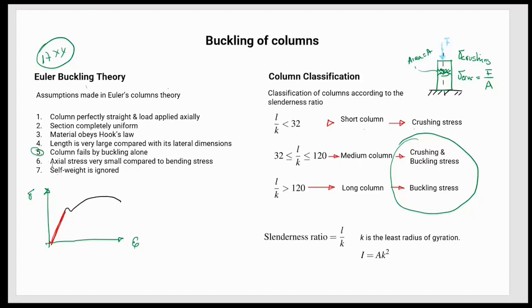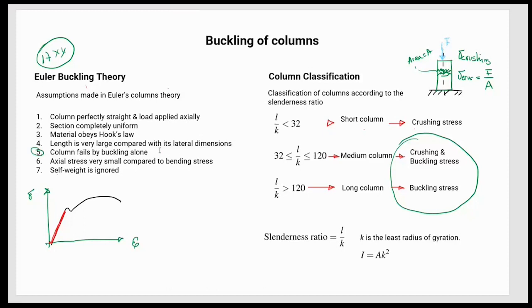Sixth, axial stress is very small compared to bending stress, and that reinforces point number 5. Axial stress, which is a crushing stress created by the vertical load applied over the area of the column, is considered to be way smaller than the buckling stress produced by the bending of the part.